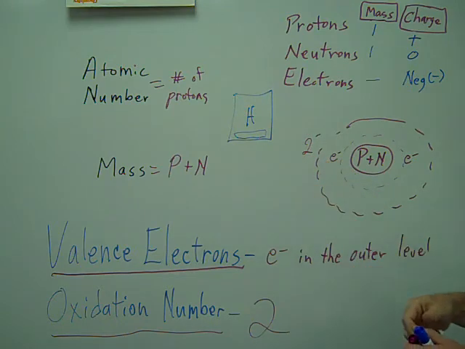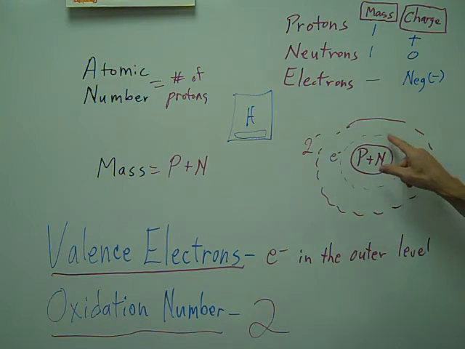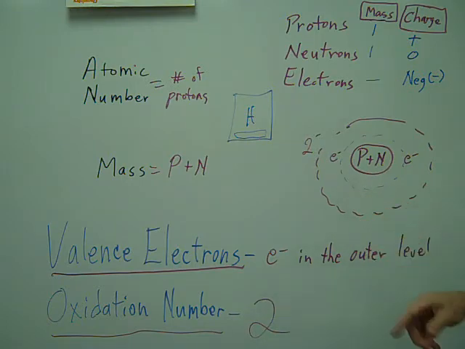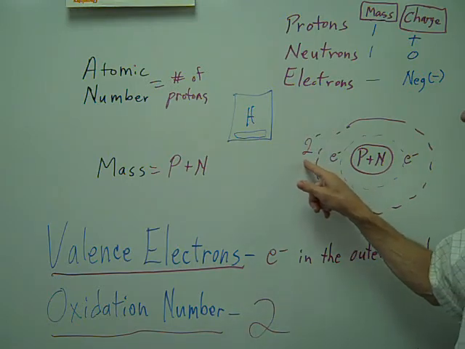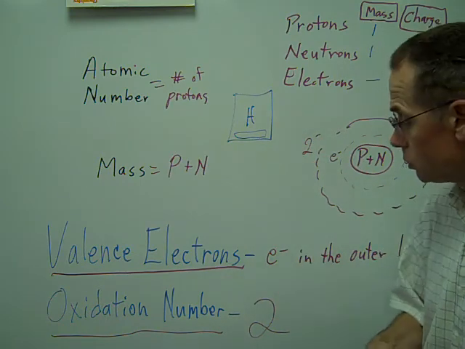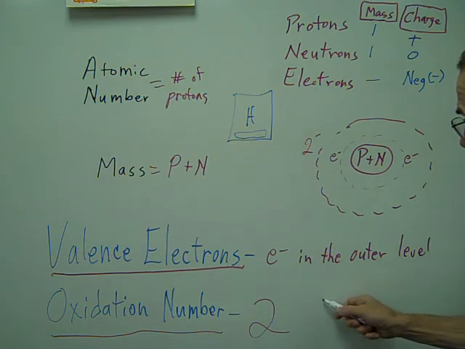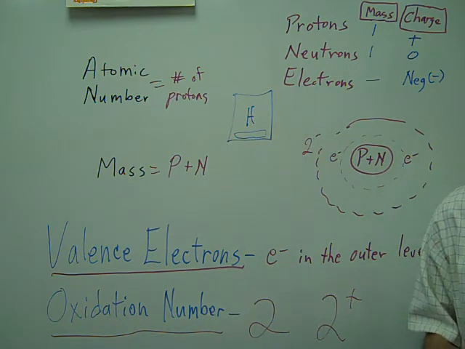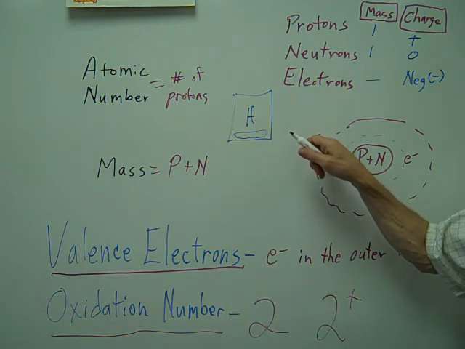Well, if it gives up the 2, then its outermost shell then would be full, because it has 2 and it's full with 2. So its oxidation number in this case would also be 2, but because it gave up 2 electrons rather than gaining 2, we would call it 2 plus, because it gave up 2 negative charges.